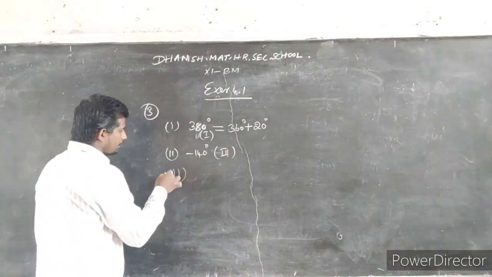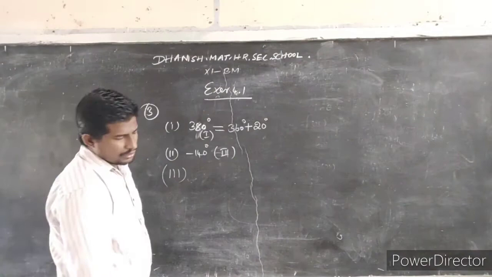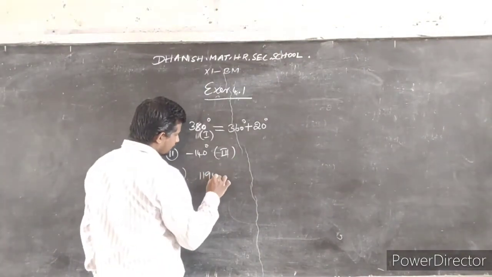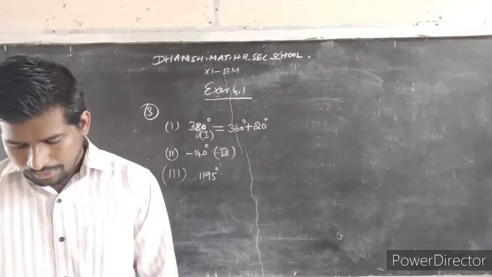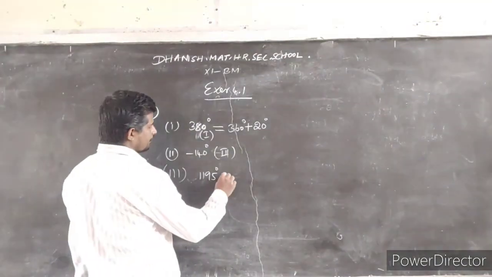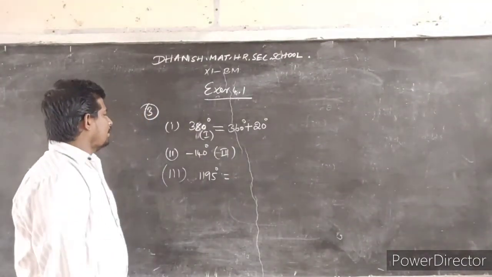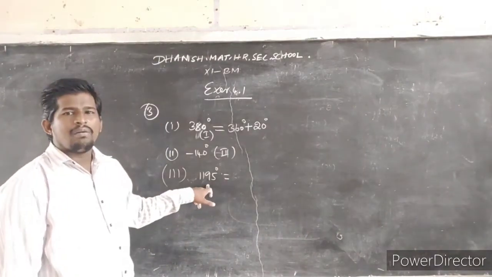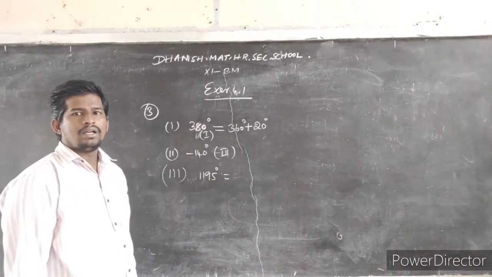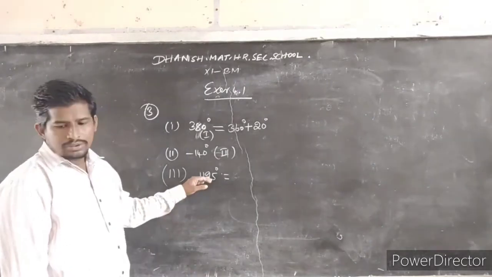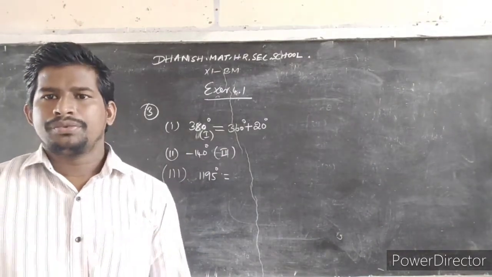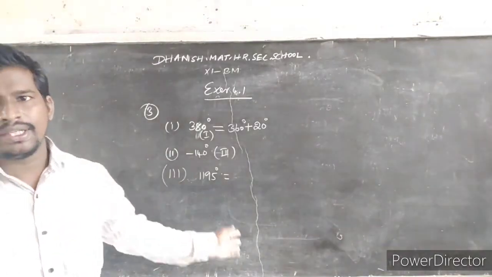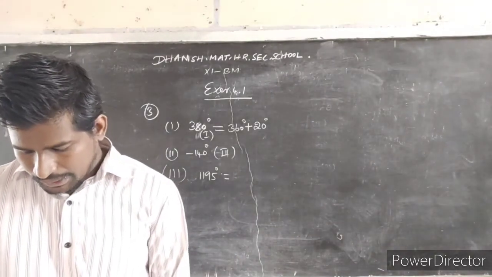Then our third one, 1195 degree. Here we are having 3 complete rotations. So we will omit the complete rotation. The multiple of 360 can be dropped out.